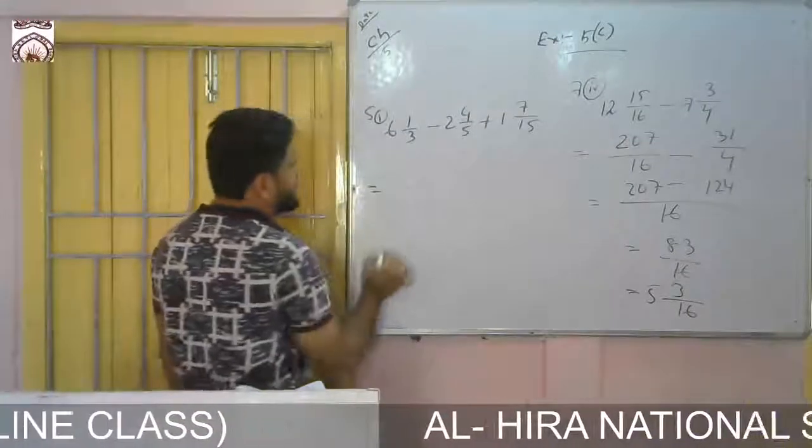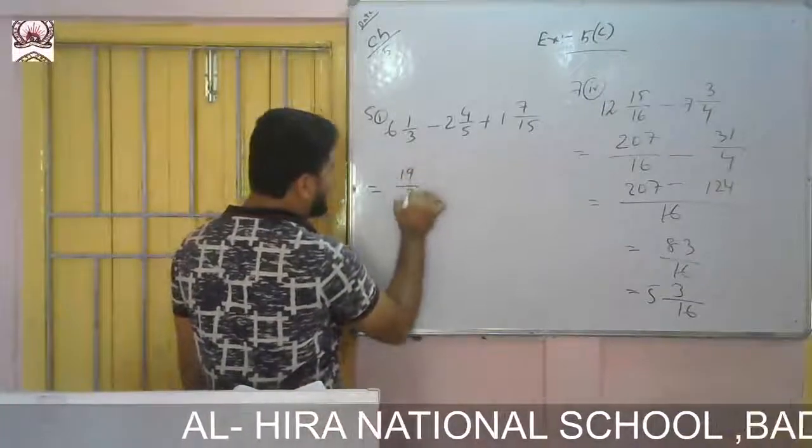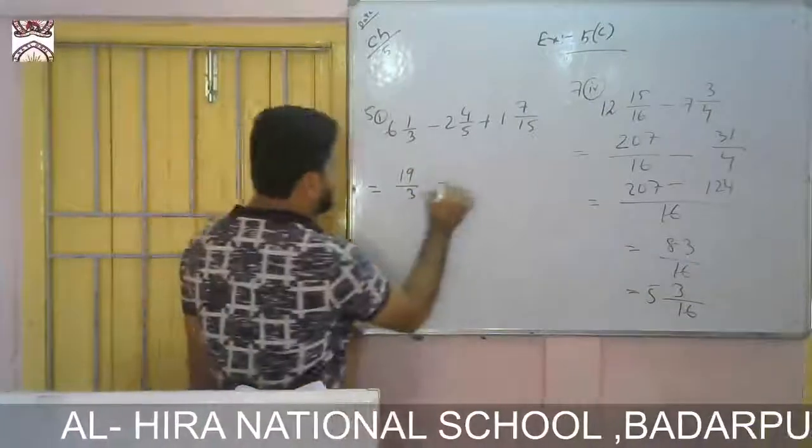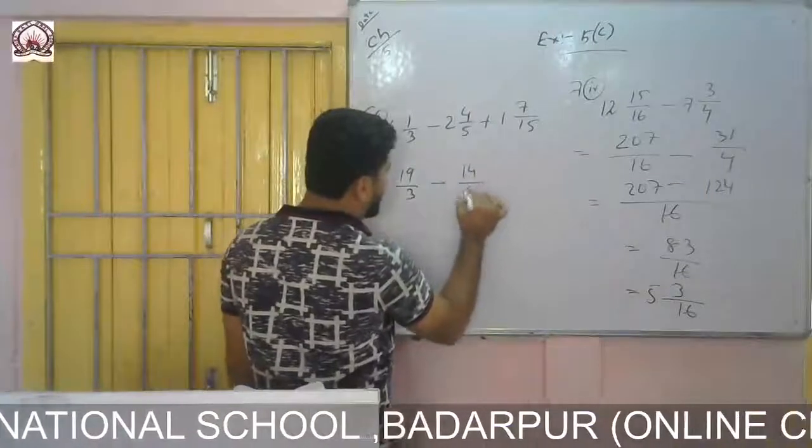Solve it. So 6 3s are 18 and 1, 19, so 19 by 3. Minus 2 5s are 10, 10 plus 4, 14, so 14 by 5.